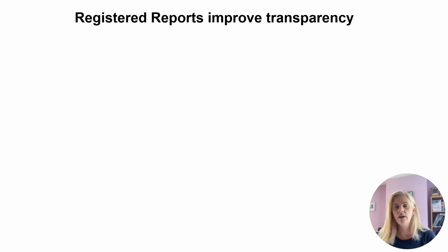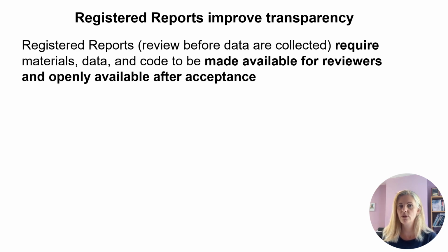Another example of how open materials and open data can support the quality of our research is through registered reports. Registered reports improve transparency. In registered reports, review takes place before the data are collected, and they require that materials and data and code are made available for reviewers during the review process, but also that these materials and data are made openly available after acceptance.